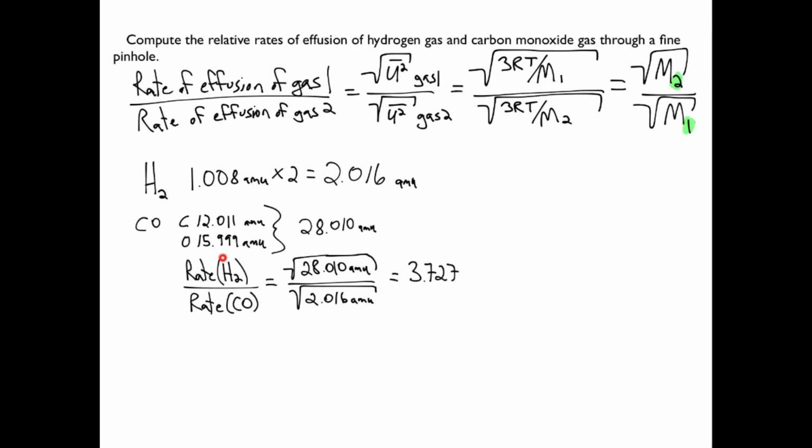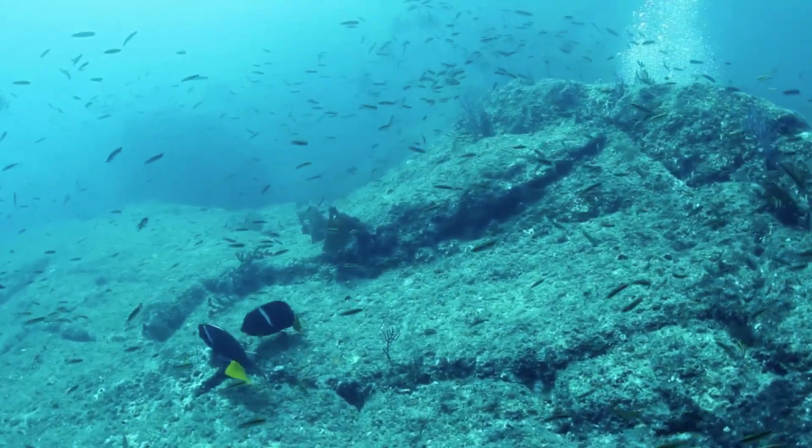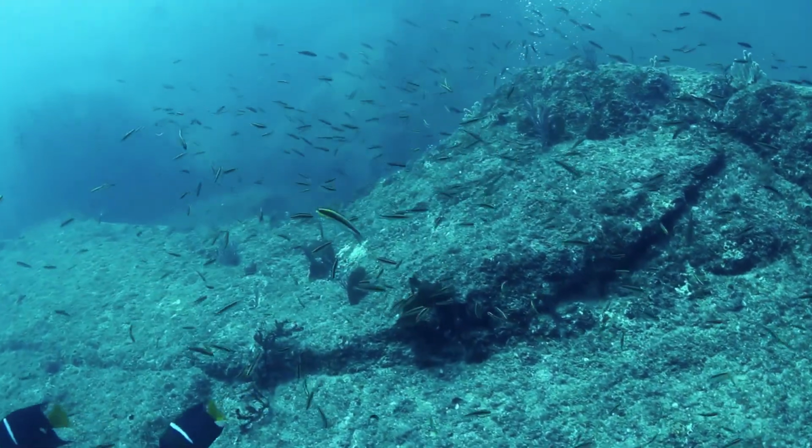And if I notice that the hydrogen effused 3.7 times faster than the unknown gas, I can be pretty sure that my unknown gas is carbon monoxide. So this is actually a diagnostic technique, if you will, and it all has to do with the kinetic molecular theory of gases.